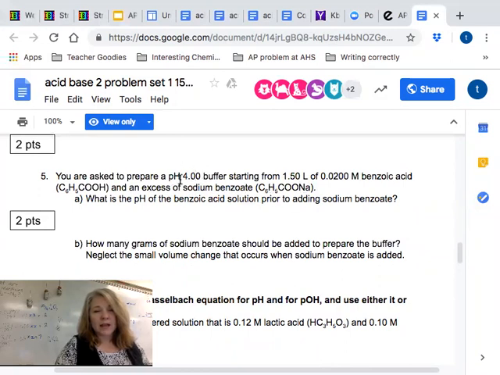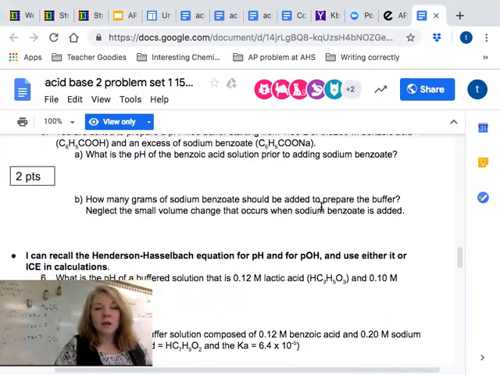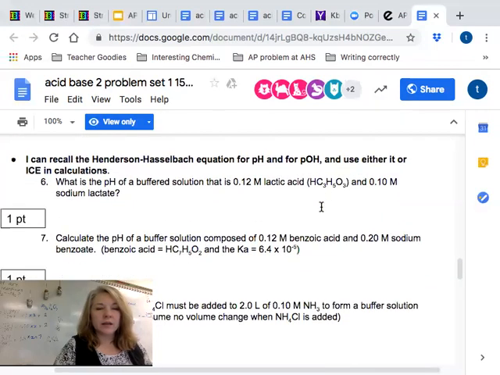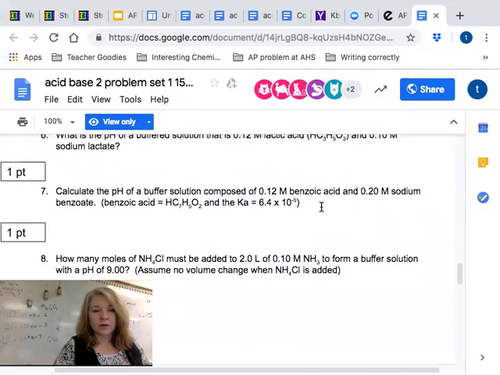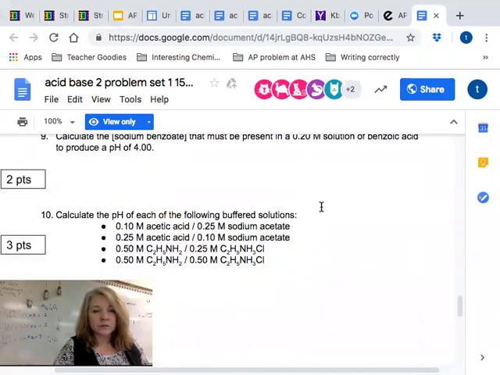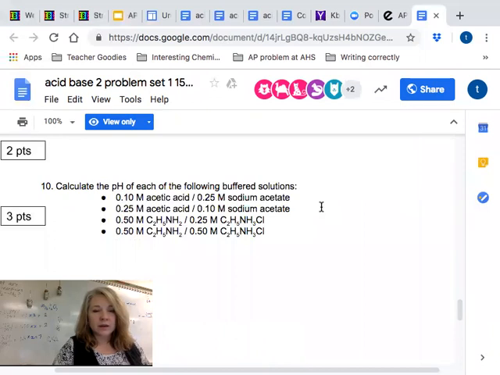So backtrack that, get your hydrogen ion concentration from this. You've got the acid piece, you don't know the base piece. You'll need to look up the Ka value for benzoic acid. You can do that. All right, and then they're saying you can use the Henderson-Hasselbalch, or you don't have to use the Henderson-Hasselbalch equation. You can just do how we practiced in class on those.